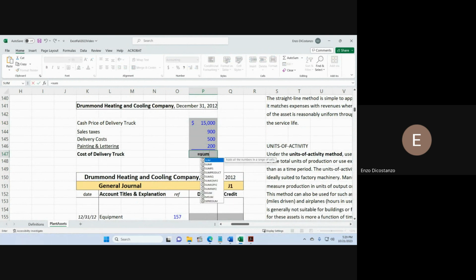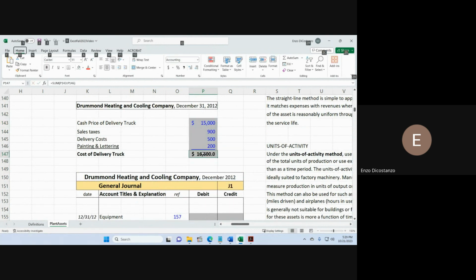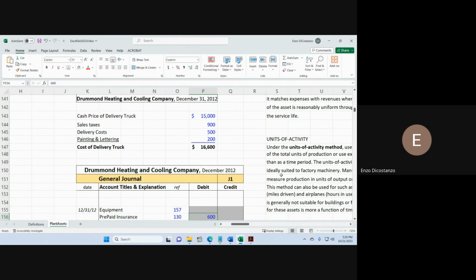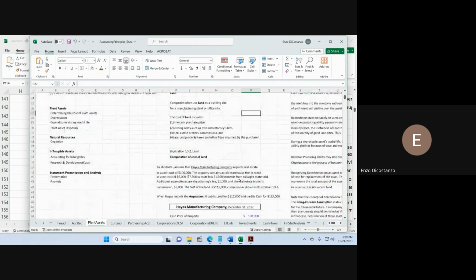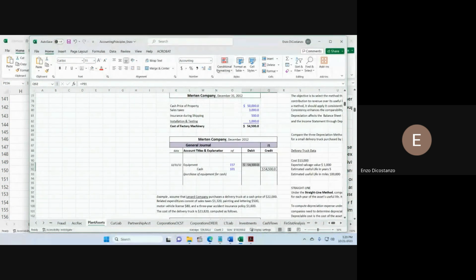These all get summed. Those 4 rows or those 4 lines. That's your 16,600. So the other 600 comes from here. And let's just check that. I'm just doing a little housekeeping. We don't need this.